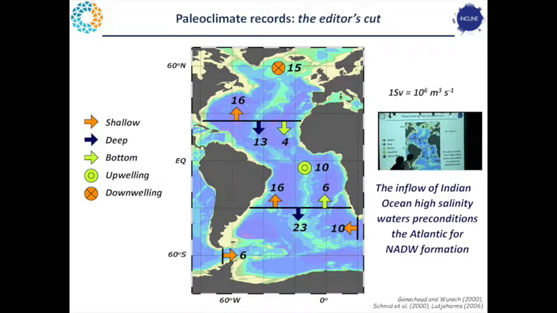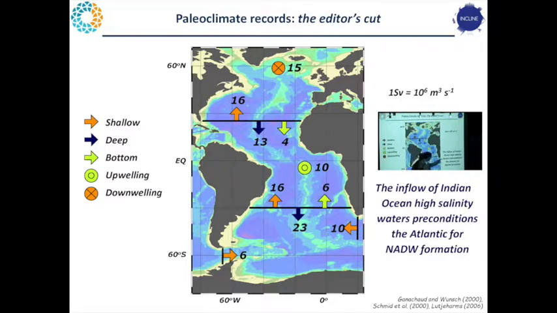What I'm showing here through the Drake Passage and to the south of Africa is not the flow of the Antarctic circumpolar current, not at all, but the amount of water flowing into the Atlantic sector of the Southern Ocean that ends up entering the South Atlantic, and is not flowing all the way around Antarctica.